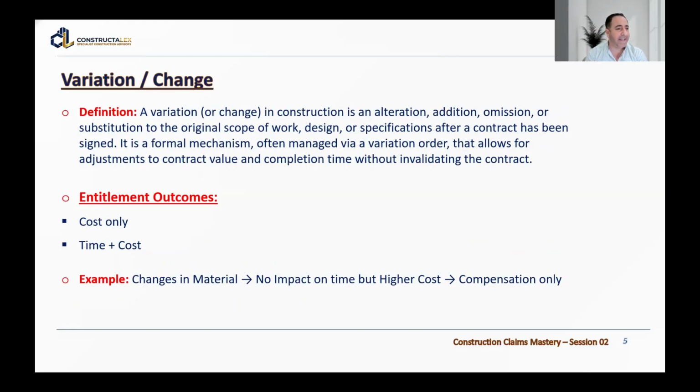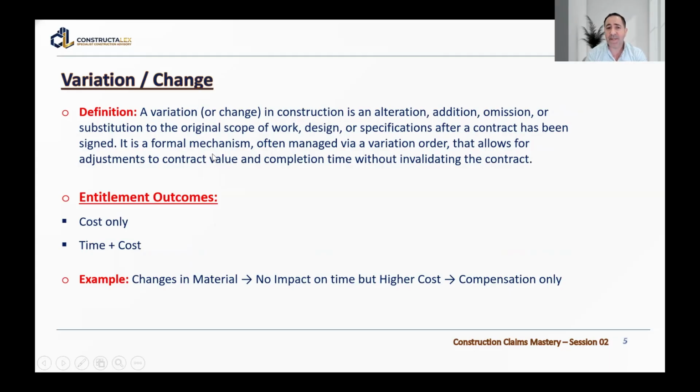If we go to the second type of claim, it is the variation or change, depending on what the contract states or names it. So the definition: a variation or change in construction is an alteration, addition, omission, or substitution to the original scope of work, the design, or specification after a contract has been signed.